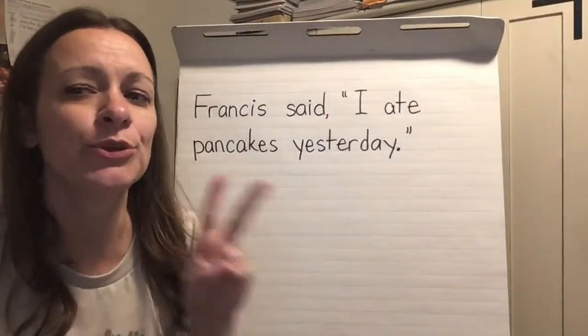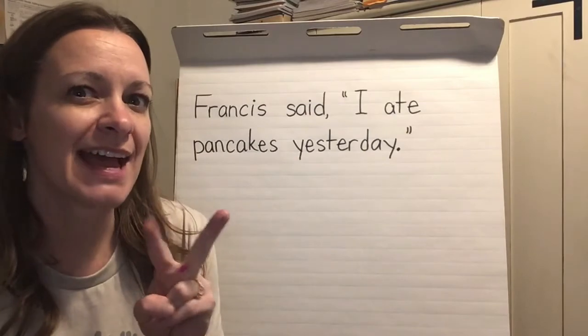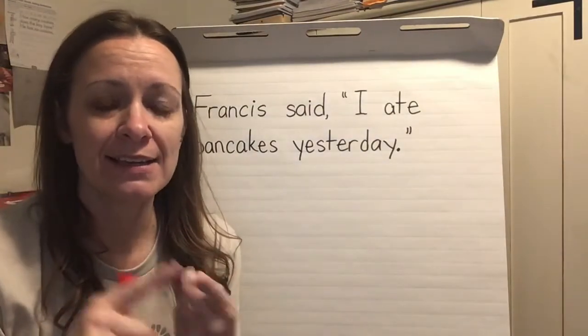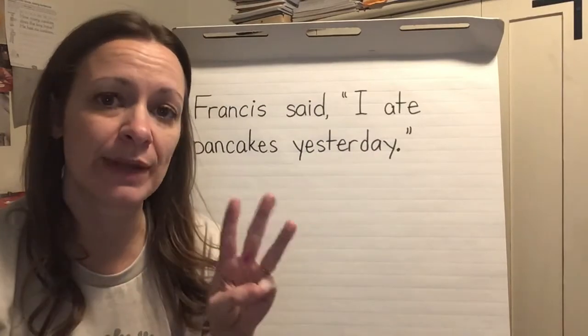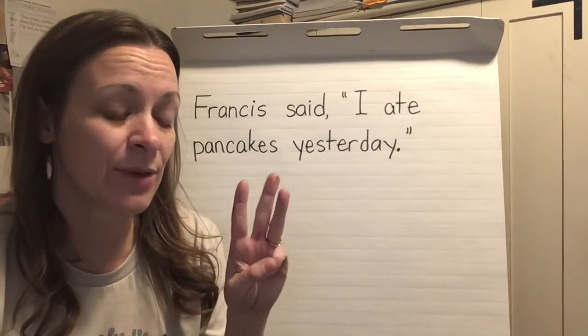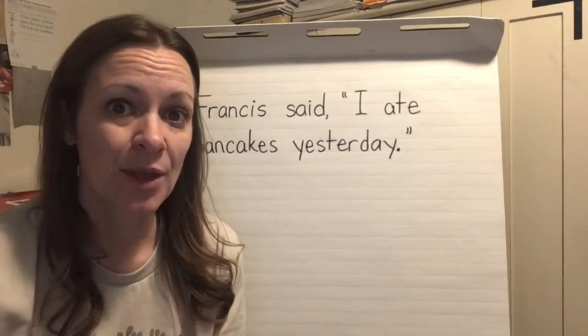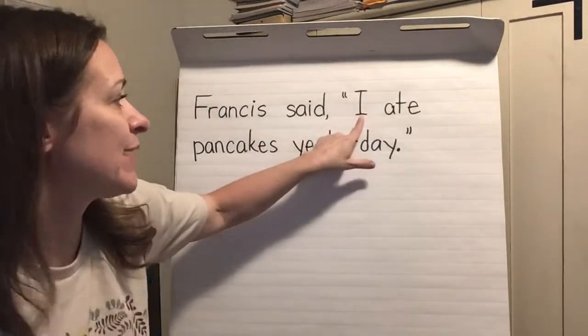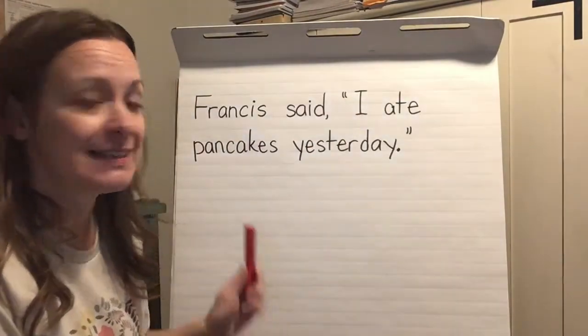Let's talk about 2 new pronouns to add on to our bank of pronouns. So we know that we have he, she, and it are 3 pronouns. And a pronoun is a word that can replace a noun. We're going to learn 2 more. The first one is I. I is a pronoun that can replace a noun. Let's read this sentence.